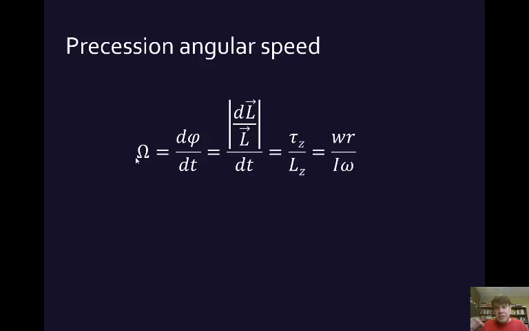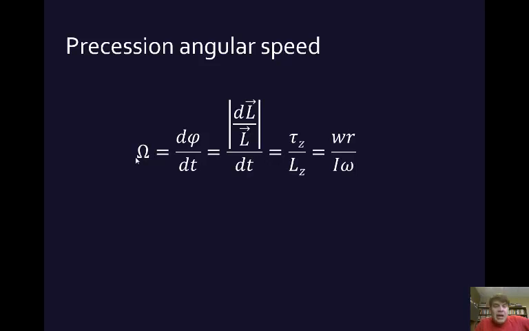Because we're talking radians, d phi is going to equal dL, the change in angular momentum, divided by L, the angular momentum. You don't have to know why, of course, just memorize the equation.